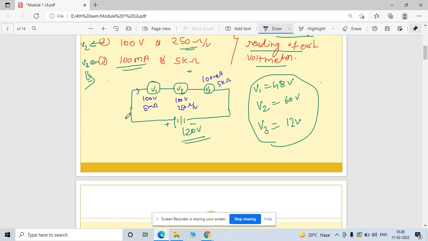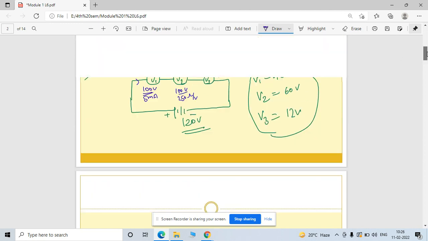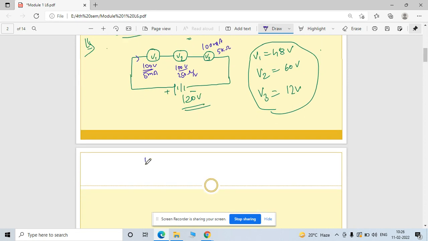So this voltage is given here. In this question, for each meter, voltmeter, you can also find out the value of resistance. So this is your 100 volt, and 5 milliampere is flowing through this.